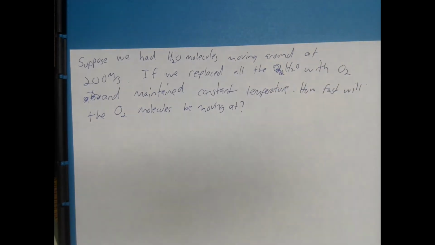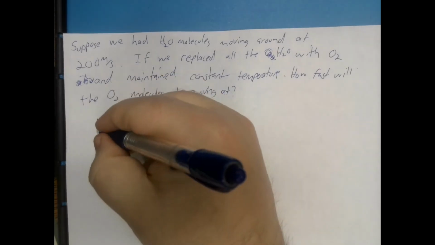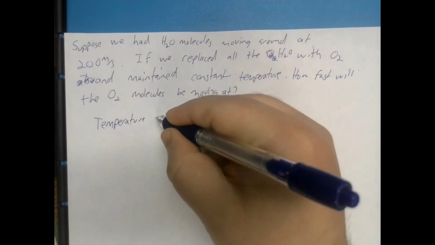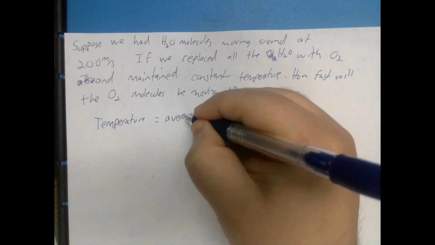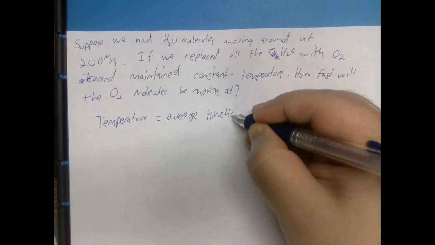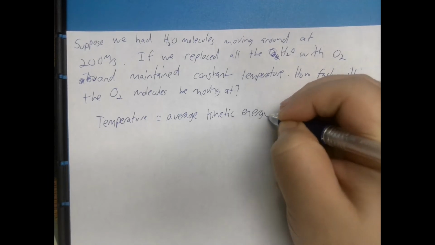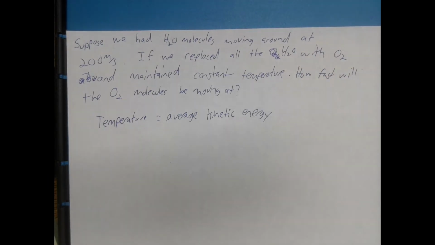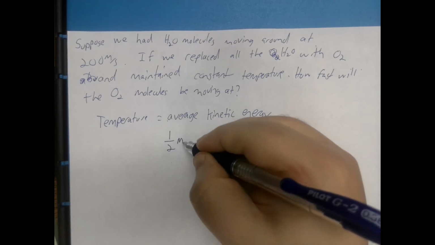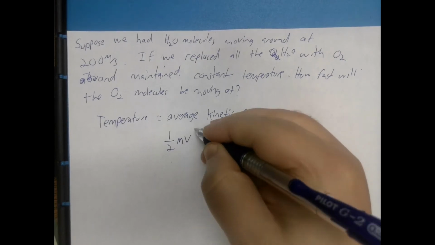So again, number one thing is temperature is equal to average kinetic energy, the average kinetic energy of all the molecules in the gas. That's the key insight. Kinetic energy is equal to 1/2 times the mass times velocity squared.